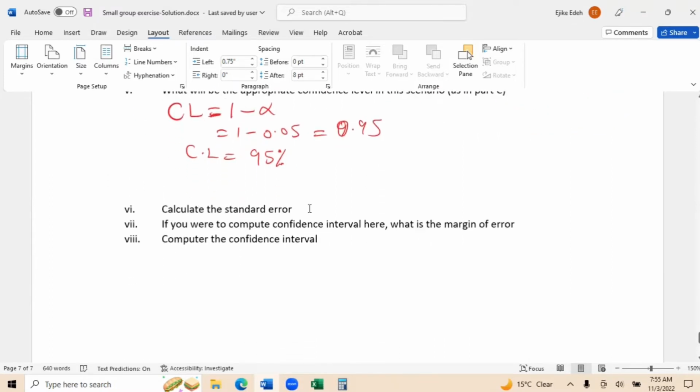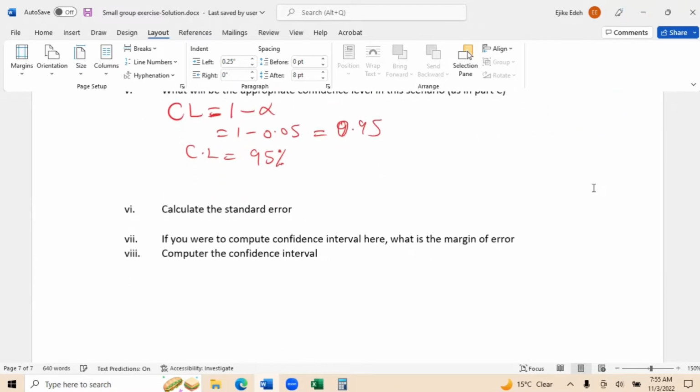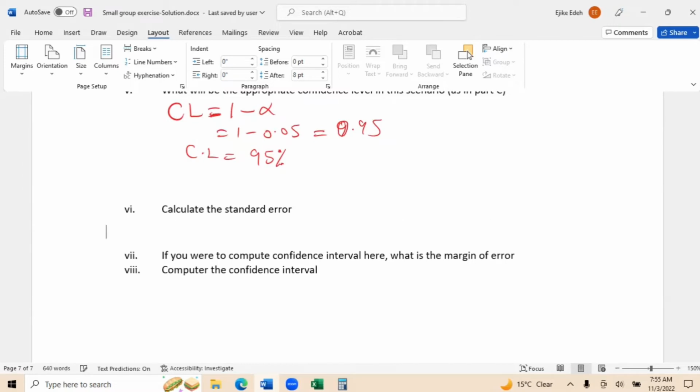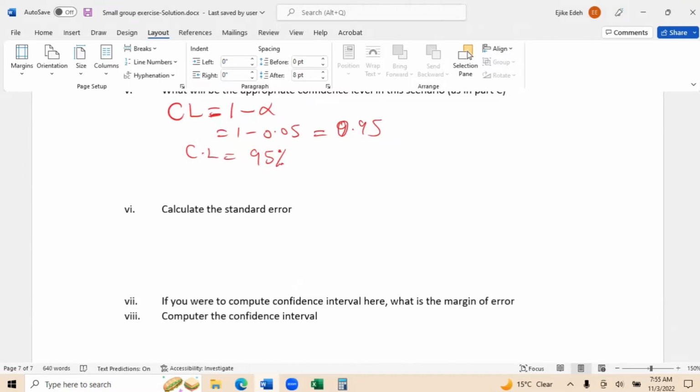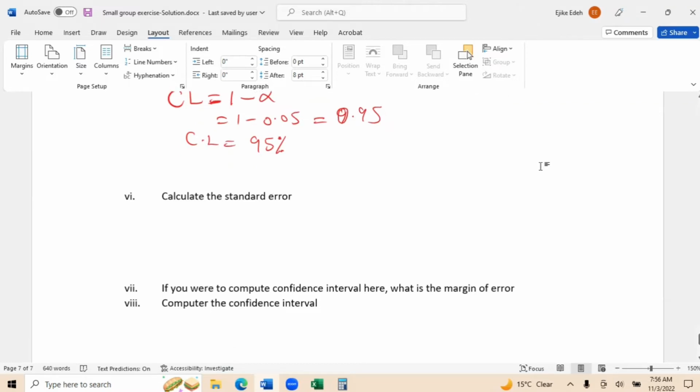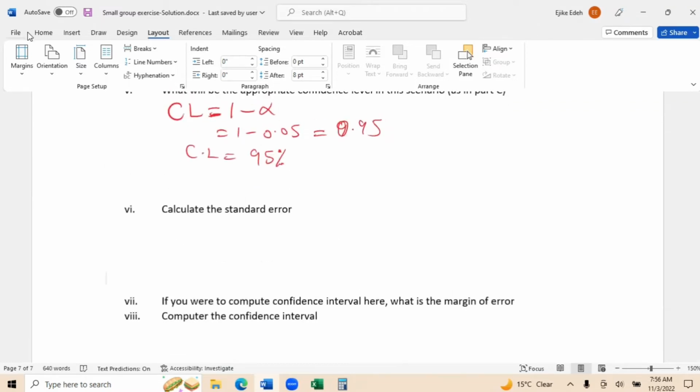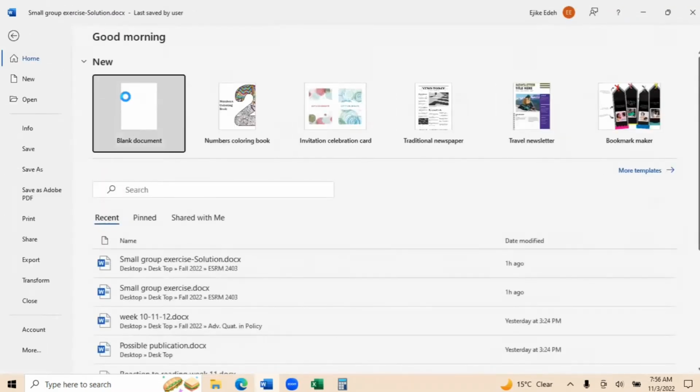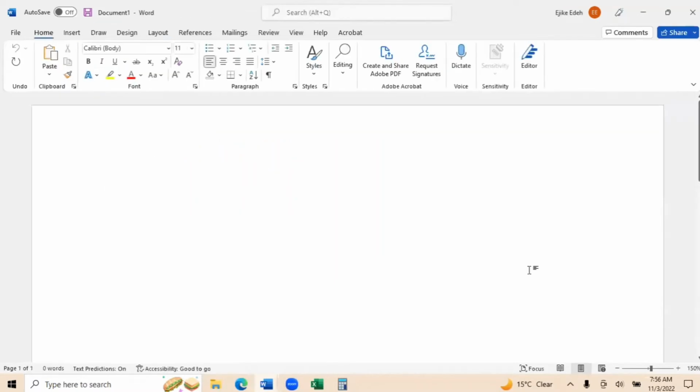Now I say calculate the standard error, okay? I emphasized this last class, and I'm going to do that again here. I will do that very quickly on a different page for the 3 different test statistics.